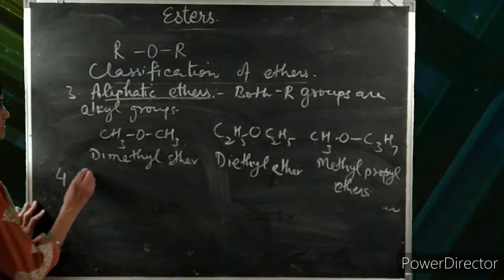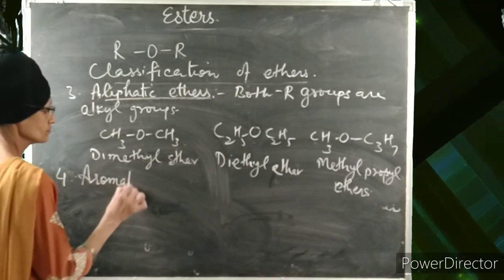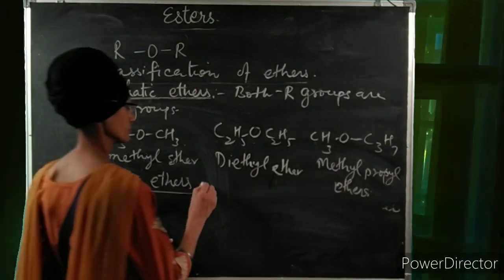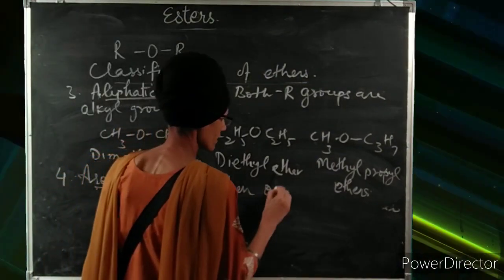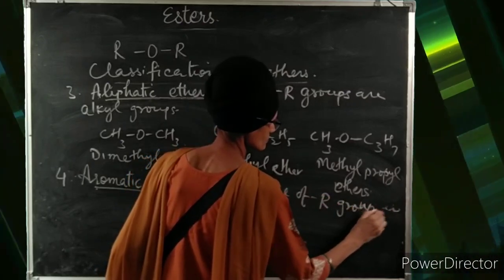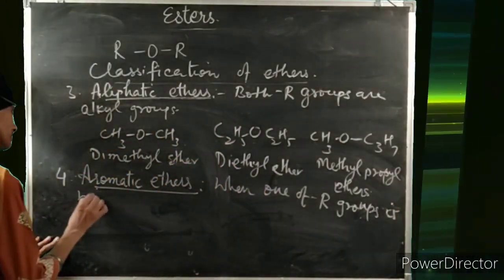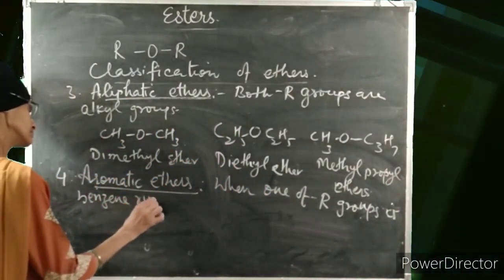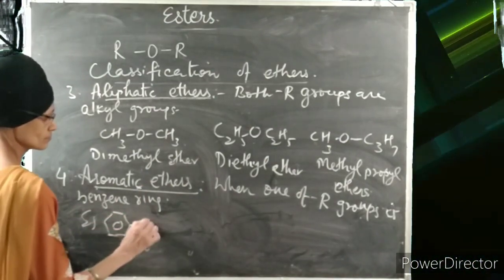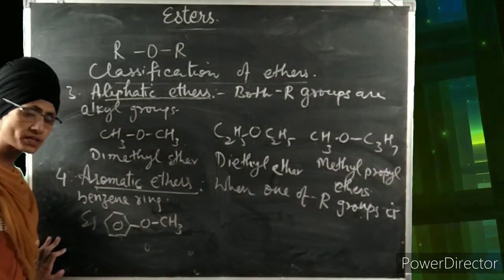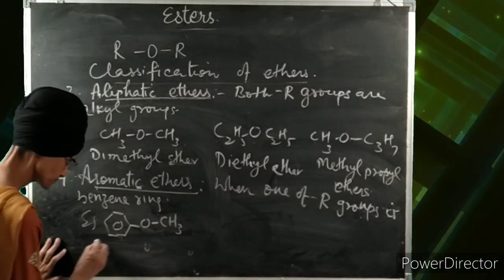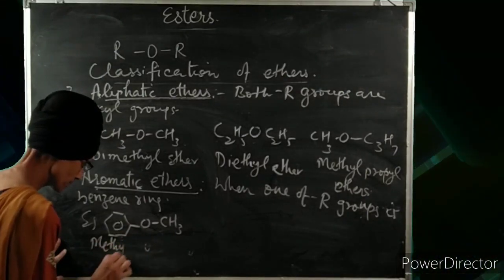Now the fourth type is aromatic ethers, when one of the R groups is a benzene ring. For example, this is an aromatic ether. Its name is methyl phenyl ether, the common name we are discussing.